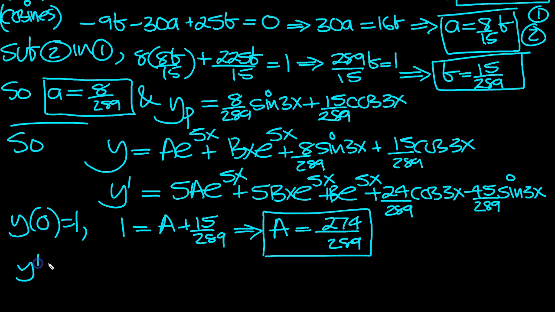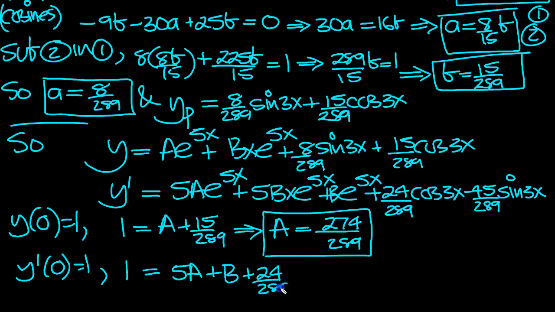And y dashed naught equals 1. What does that give? Well, when x is naught, y dashed is 1. X is naught, 5A. X is naught, that goes. X is naught, that's B. Then we've got cos naught is 1, so that's 24 over 289. And then sine naught is naught.